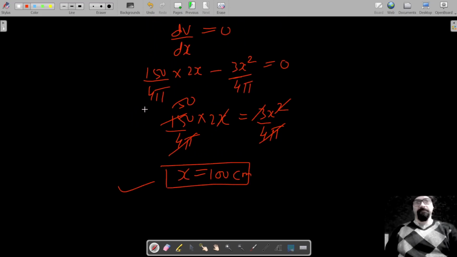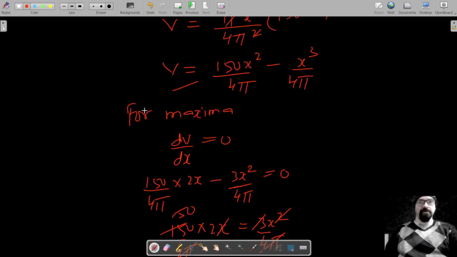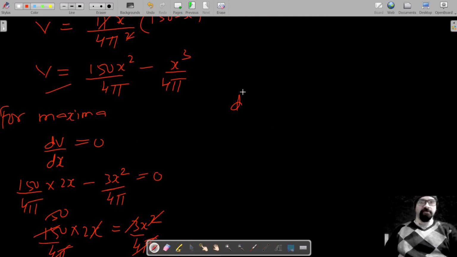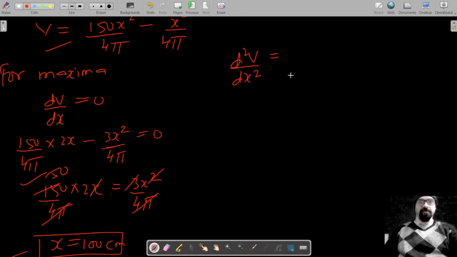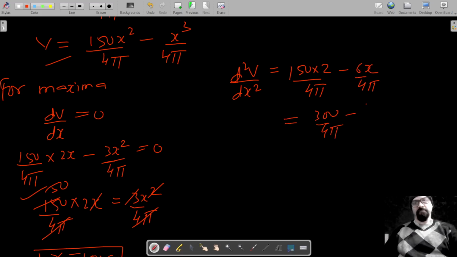Now let's check using the second order derivative test what the value of the second order derivative is for x is equal to 100. So this is the first order derivative, and the second order derivative is now 150 into 2 upon 4 pi minus 6x by 4 pi, so this is 300 upon 4 pi minus 6x upon 4 pi.